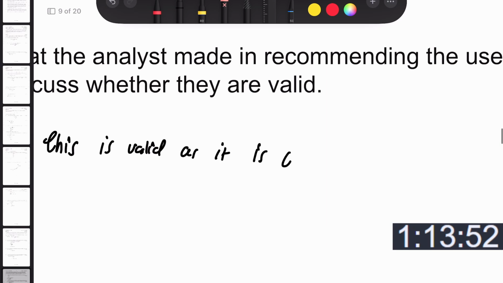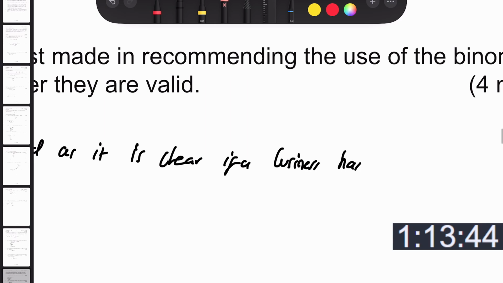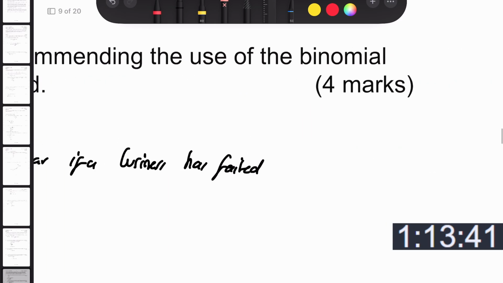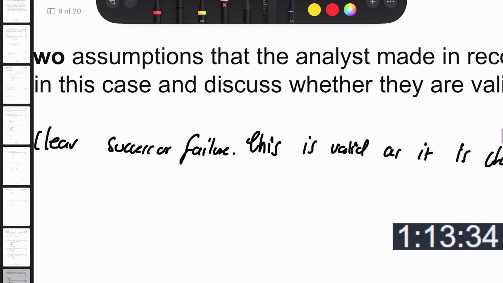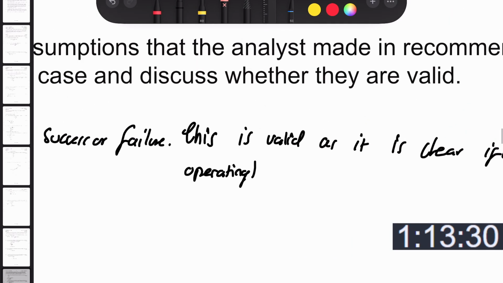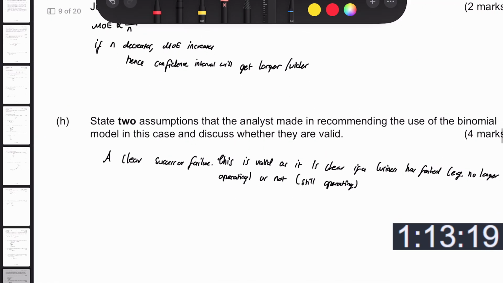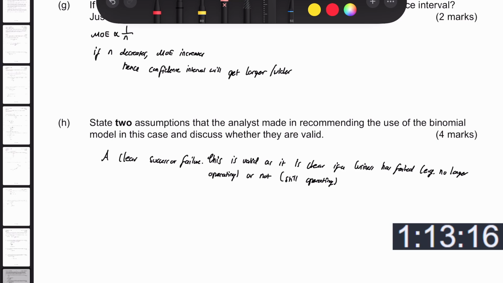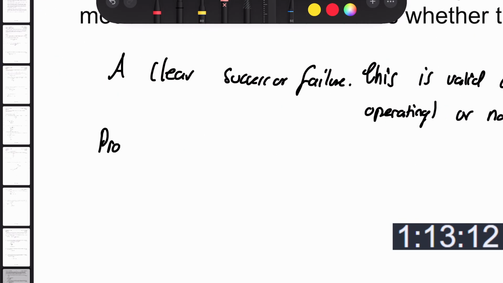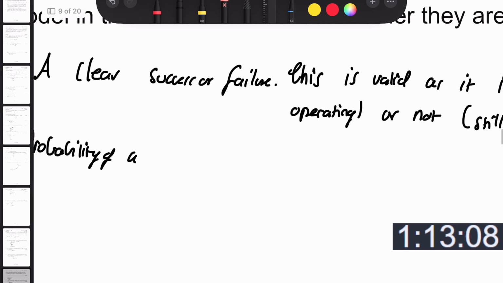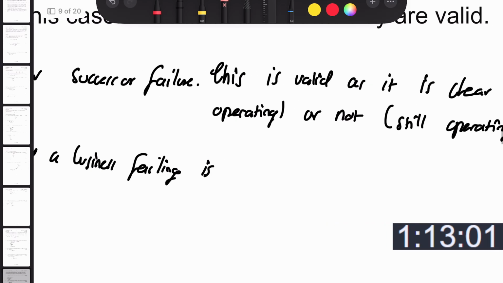As it is clear if a business has failed, e.g. no longer operating, or not, still operating. And then the other one is that the proportion, or probability, of a business failing is constant for all businesses.